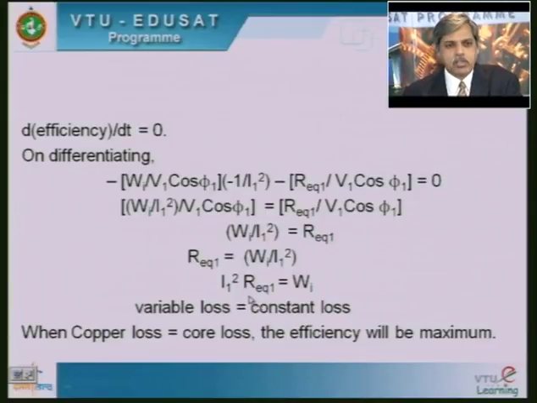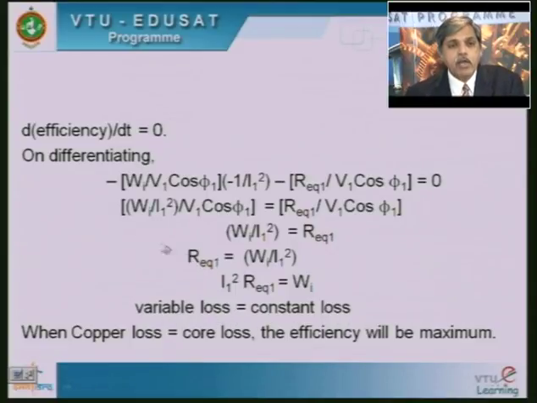It is the copper loss, which we call a variable loss, because the current I1 varies with load. Wi, which depends on the magnitude of the voltage, is a constant loss. Therefore, whenever I want maximum efficiency, the variable loss should be equal to the constant loss.